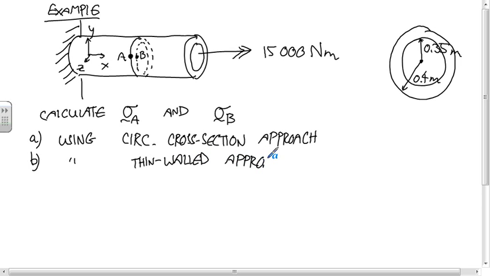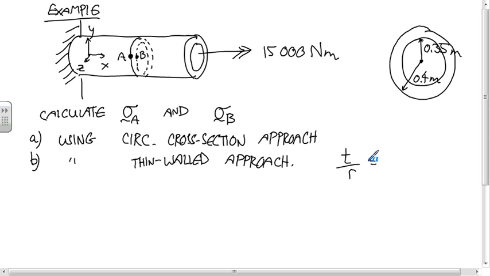And we want to see how close these are. Notice I didn't choose a shape that has a real thin cross-section compared to, say, the diameter or something. If you compare the thickness, well, let's do it as thickness to radius. What do you get? 0.05 divided by 0.4, so an eighth.